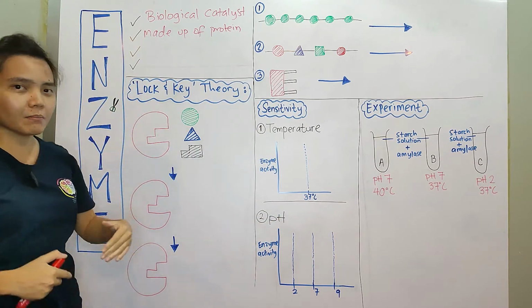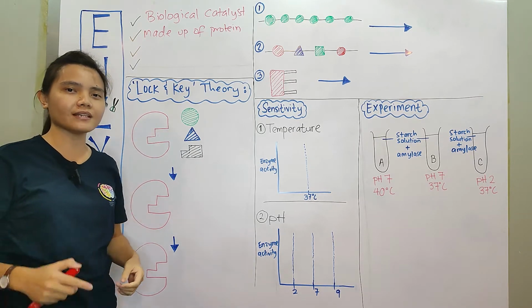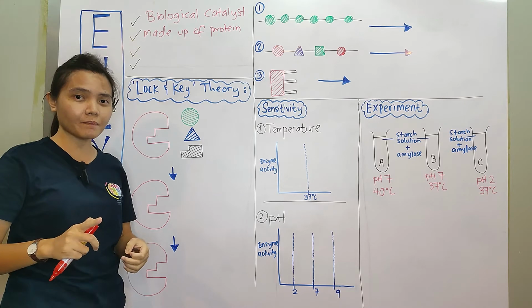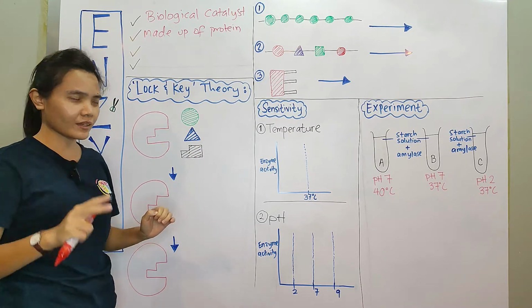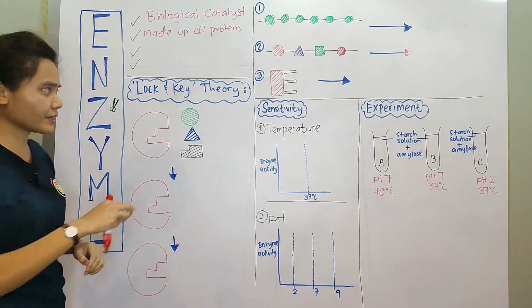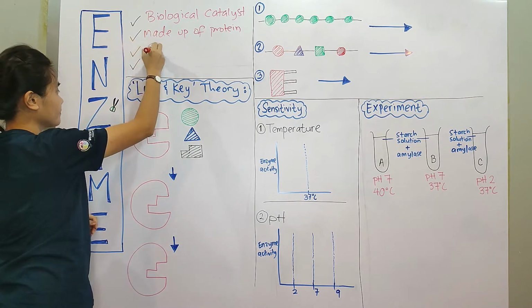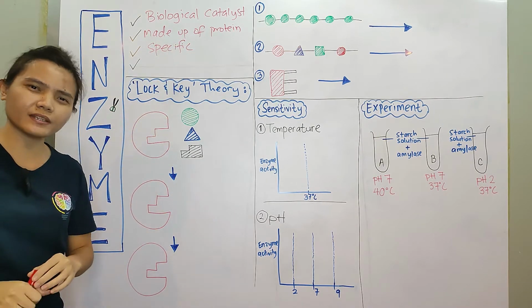So the first one, it is a biological catalyst, it speeds up a reaction, and the second one is it is made up of protein, so they are very sensitive to temperature and pH. Third one is they are specific. They are very specific. What does it mean?